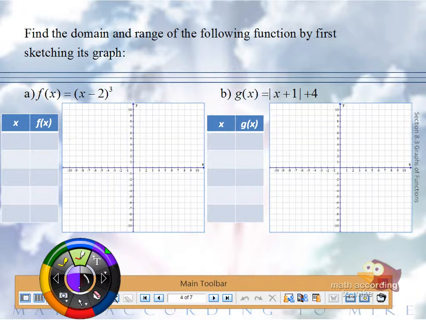So I'm going to tell you for the first one, we're going to pick the x values to be 0 up to 4. So let's evaluate it. What is 0 minus 2 quantity cubed?